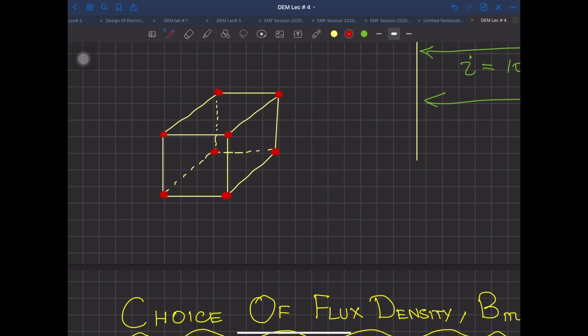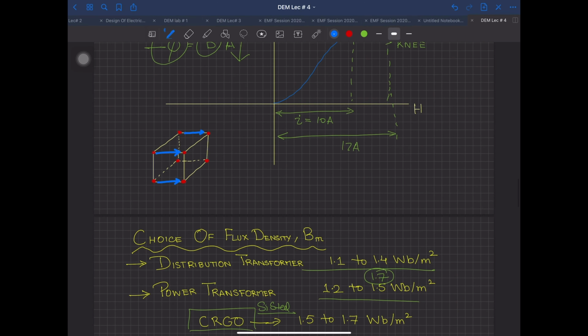So now when the magnetic field is going to flow from here to here, this magnetic field will be aided in this direction. It will also be aided in this direction. It will be going from this direction to this direction. So this type of blocks are going to be inside your material.